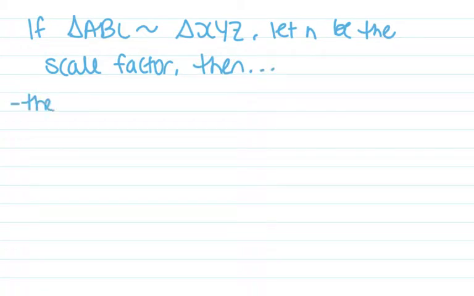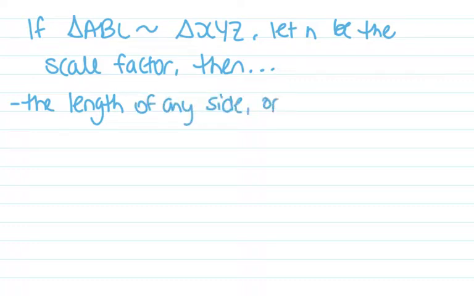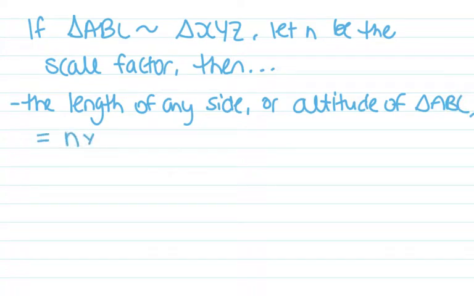The length of any side or altitude of triangle ABC equals n, the scale factor, times the length of the corresponding side or altitude of triangle XYZ.